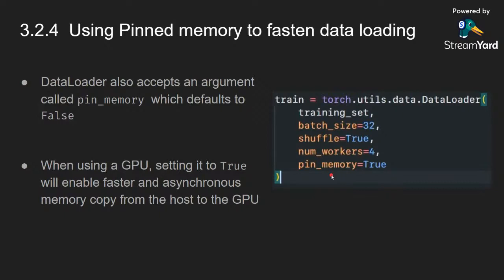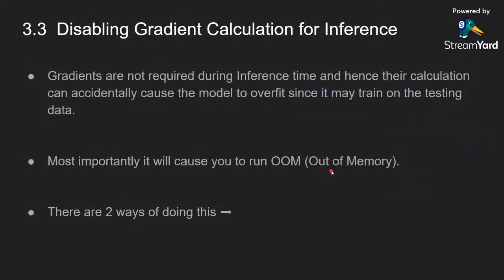Let's say you have a batch of 786 megabytes. Transferring 786 megabytes of memory from RAM to your GPU's internal storage takes time, right? Because those are two separate physical locations in your hardware. If you specify this to be True, it will use something called paged memory, and this will enable faster, asynchronous memory copying.